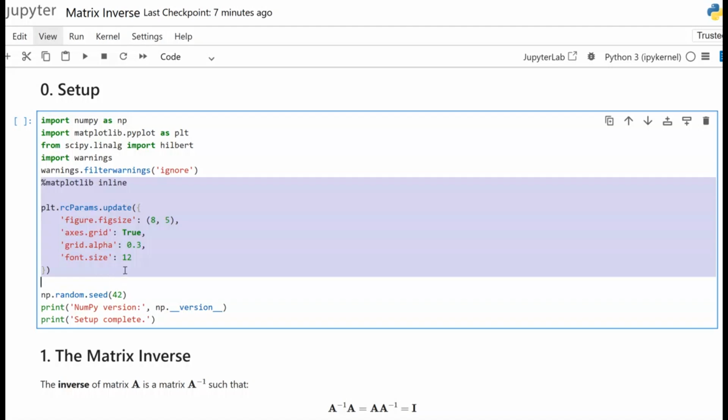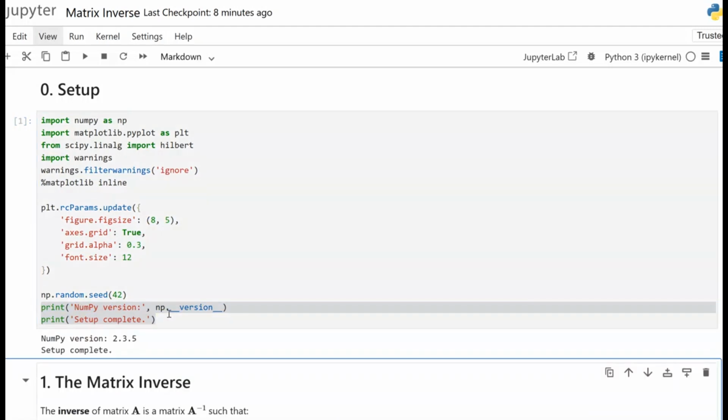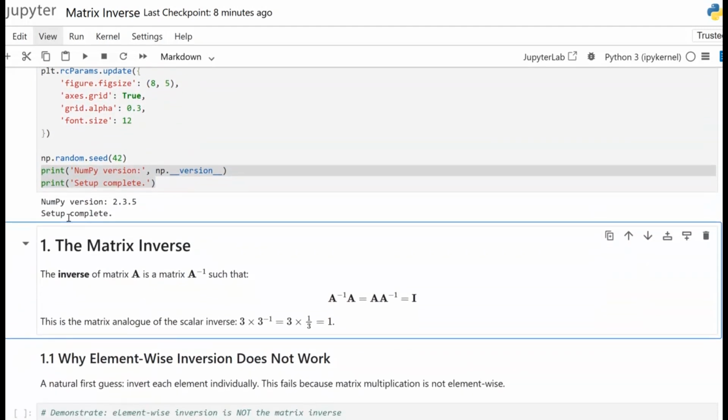And the font size for all text in the plot is 12 points. Closing the dictionary applies all the configuration updates. Let me include this and execute this. Of course, we have the NumPy version as 2.3.5.